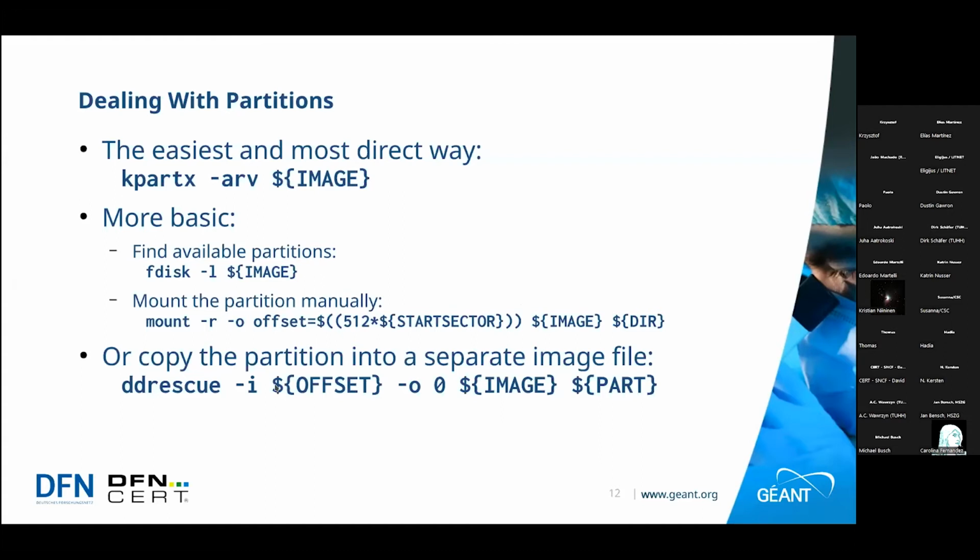Then, of course, just to make matters complete, you can always just copy the partition into a separate image file with, say, dd-rescue. This is one of the instances where what I meant earlier comes into play. This may be a good idea if you just want to copy around this partition to somewhere else, or if you just want to import that particular partition into some tool or whatever.